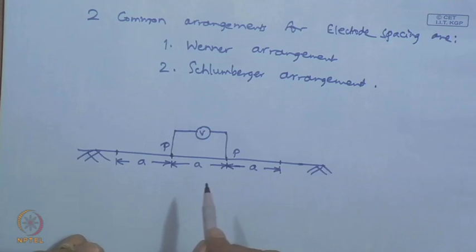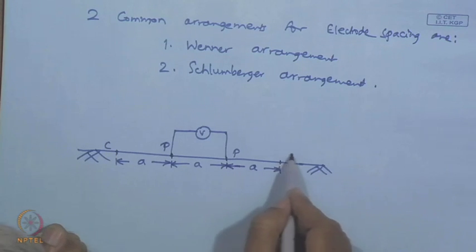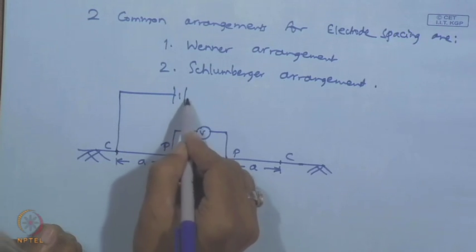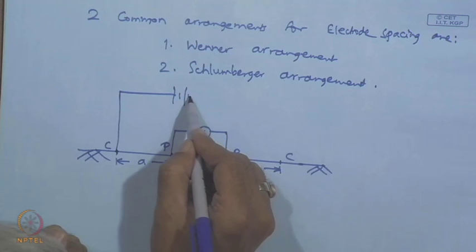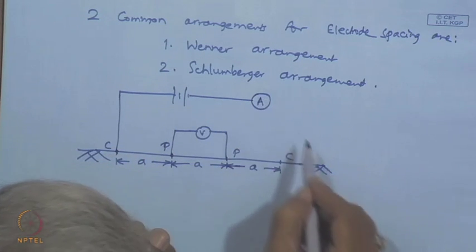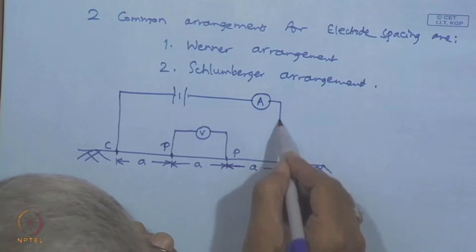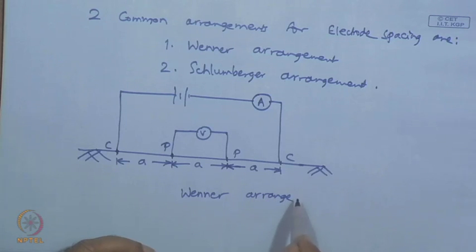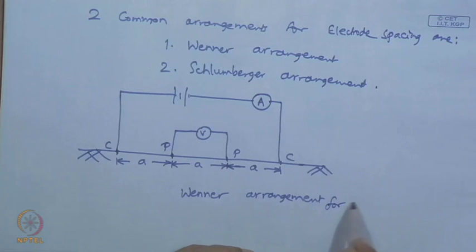There are two current electrodes, the left current electrode and the right current electrode. So, there will be a battery source followed by an ammeter to measure the current, and this is the Wenner arrangement for electrode spacing.